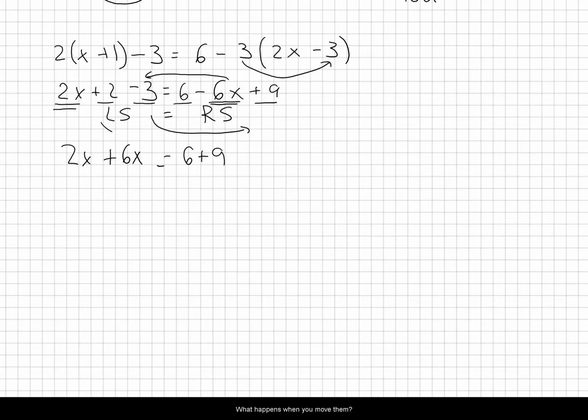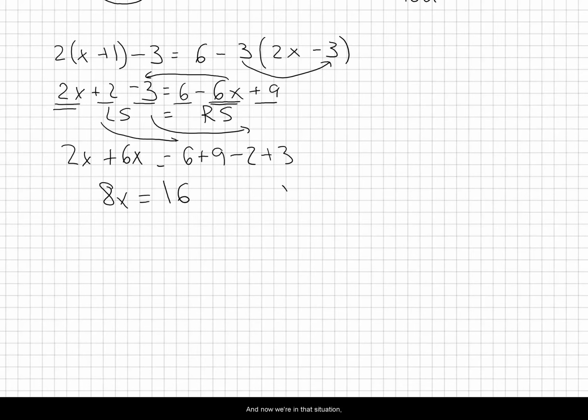What happens when you move them? They change their sign, so negative 2 plus 3. Like terms, 2x plus 6x equals 8x equals 6 plus 9, 15, minus 2, 13, plus 3, 16.